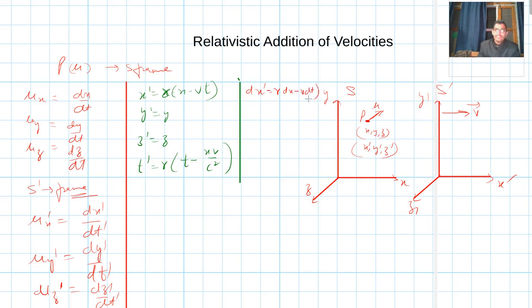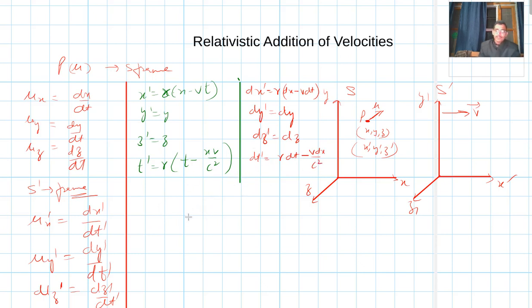This is one equation which I am getting, and dy prime is dy and dz prime is dz, whereas dt prime can be written as gamma times dt minus v dx over c square. So these are the four things which we are getting.